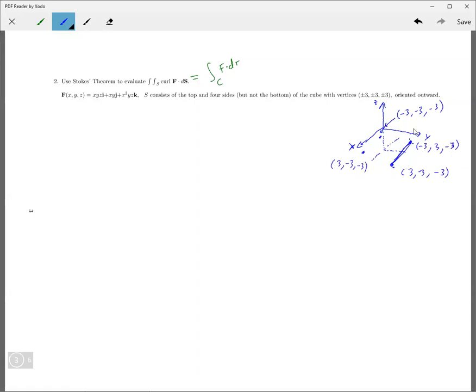So in all the vertices, the Z's are negative. Let me draw that one here. The backside I'll do with blue. So we have this one, and then we have this one, and we have C, and then on the backside we have D.